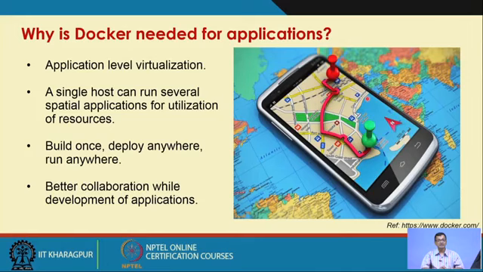Build once, deploy anywhere, run anywhere type of philosophy. So, once I develop and build it, I deploy anywhere, run anywhere. Better collaboration between development of applications, so I can have better collaborative applications in place.